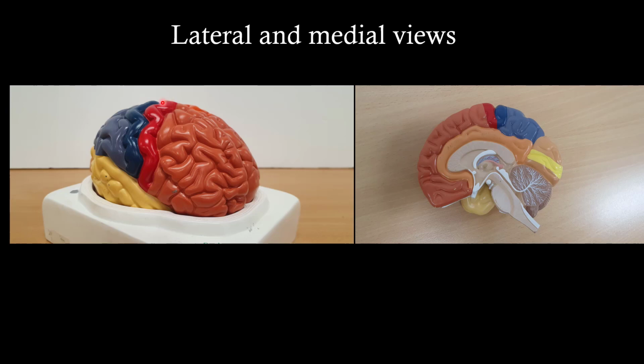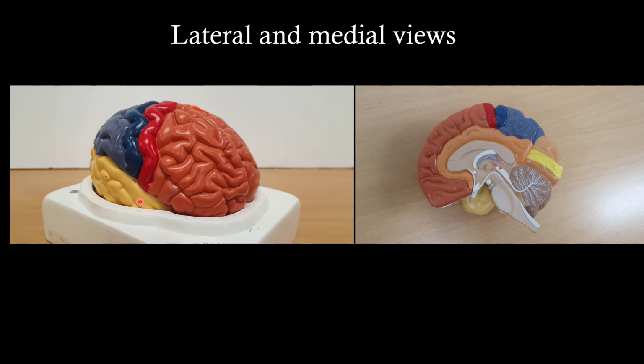In this region, we'll be able to see a partition. This is called the central sulcus here. The central sulcus divides the frontal lobe from the parietal lobe. And on this region here, in the lateralmost aspect, we have got the lateral sulcus, which separates the frontal and the parietal lobe from the temporal lobe.